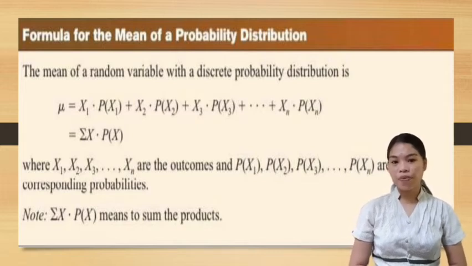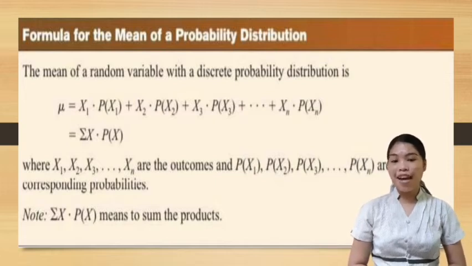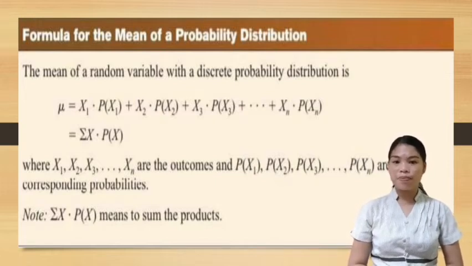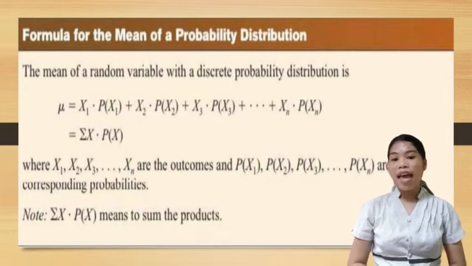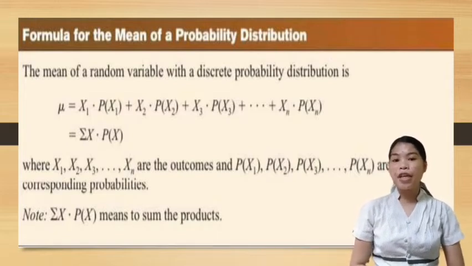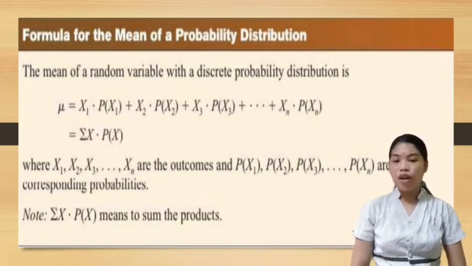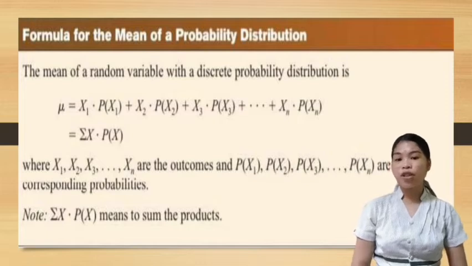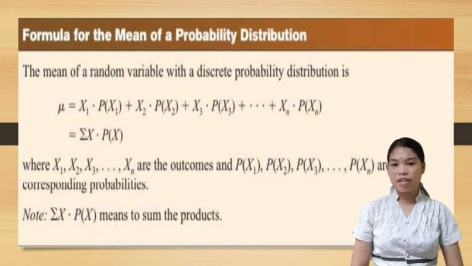That is equal to the summation of x times P of x, where x sub 1, x sub 2, x sub 3 are the possible outcomes and P of x sub 1, P of x sub 2, P of x sub 3 are the probabilities. Note that the summation of x times P of x means to sum the products.